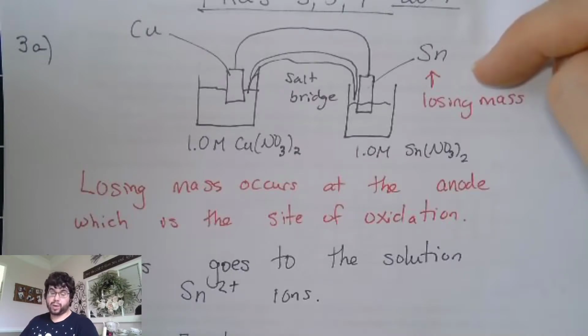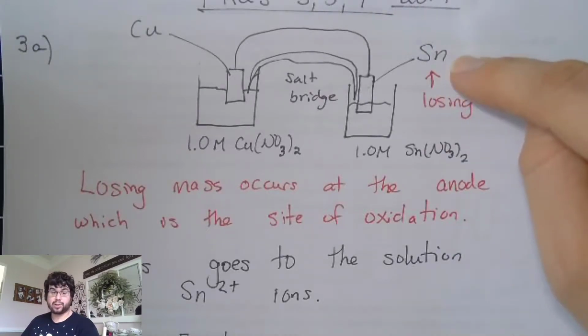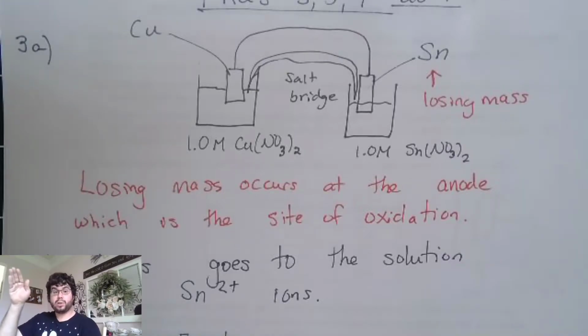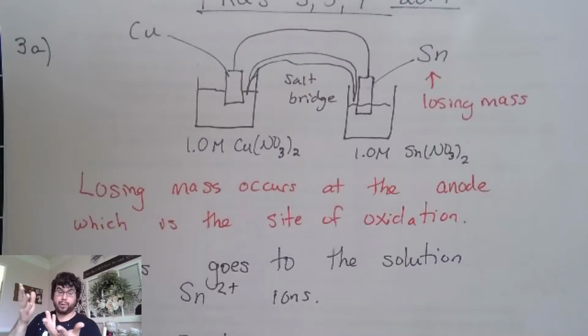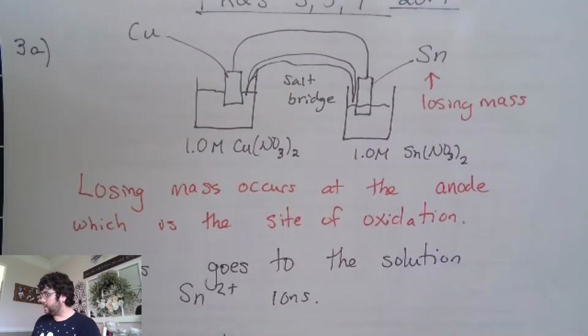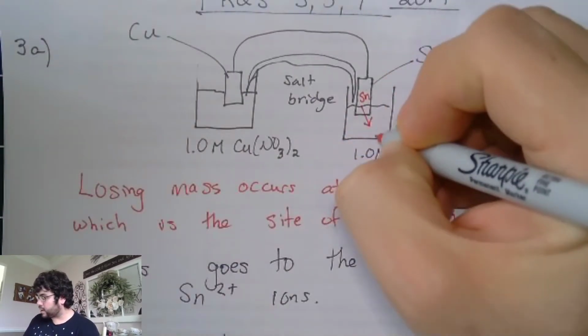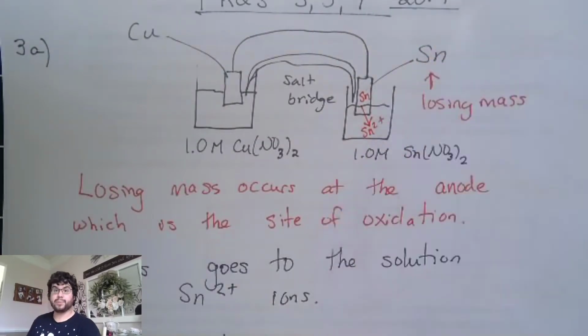Remember that when oxidation is occurring at the anode, the solid electrode, the metal that is there, is going to be oxidized into the ionic version of that metal, and it's going to go into the solution. So this tin, I'll draw it, this tin is being oxidized to tin 2+. And the reason I know that is because it's losing mass.